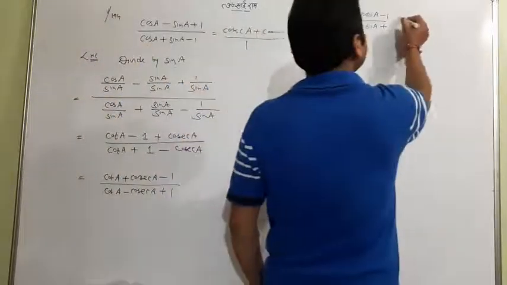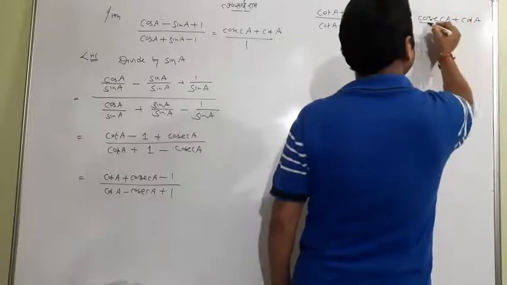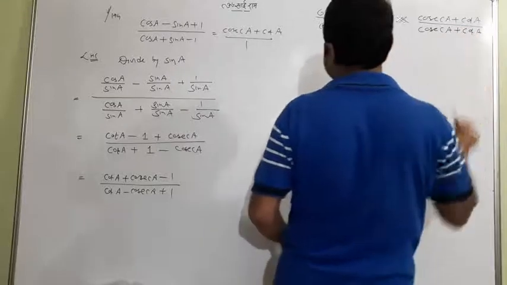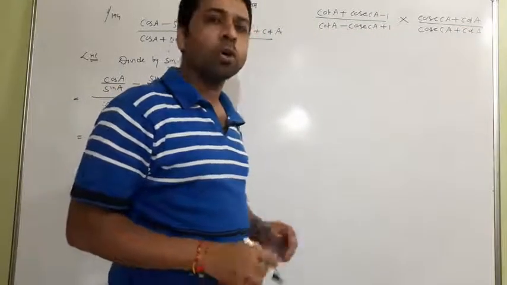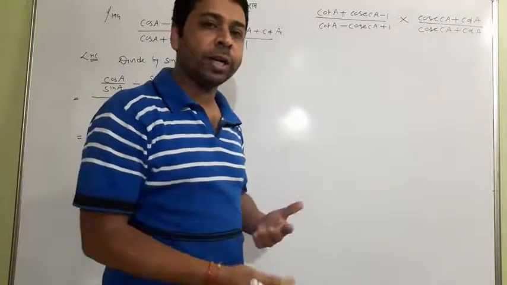So I will multiply and divide by cosec A plus cot A. This is the same mentality which I already explained to you in the last question, that what I need finally is cosec A plus cot A on the right hand side. So I have to create that term.